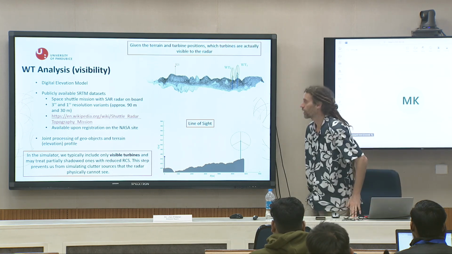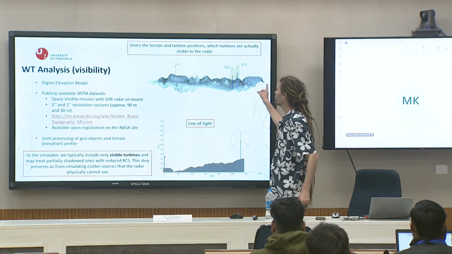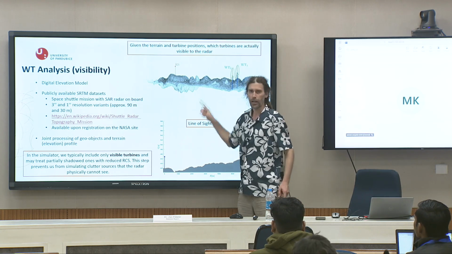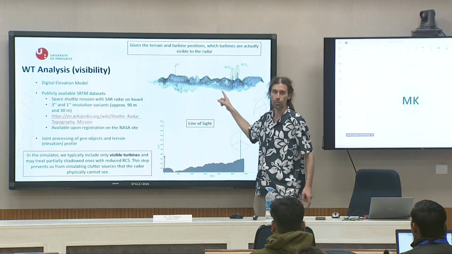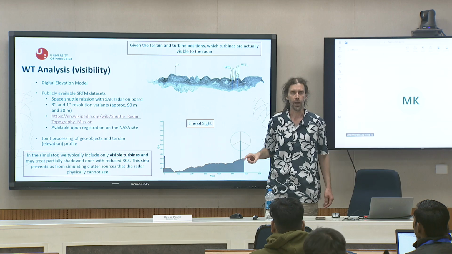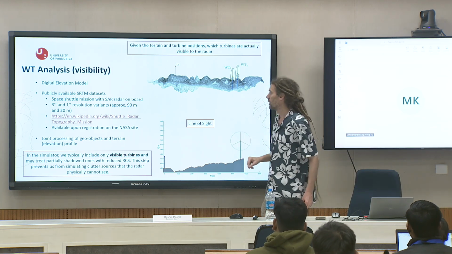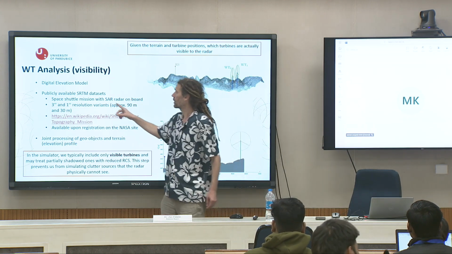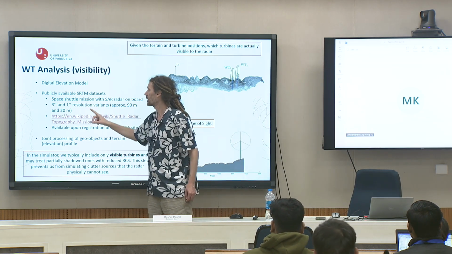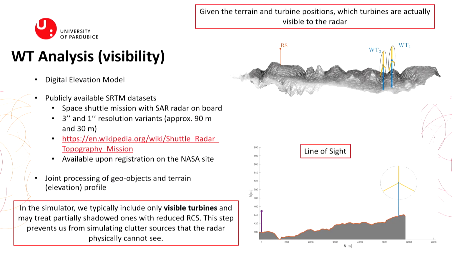So I will later show you how you can get a 3D elevation model. It is imported to MATLAB for any part of the world. It is freely available. They call it SRTM data. It is a space shuttle mission with SAR, radar, on board.